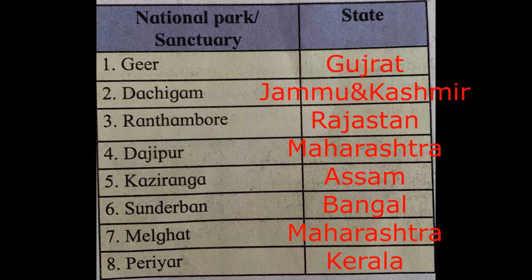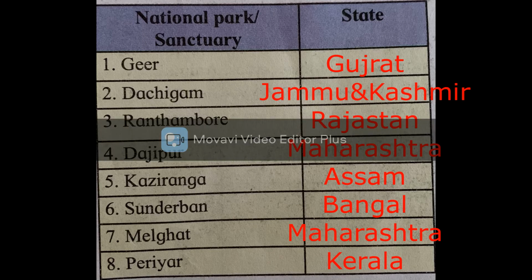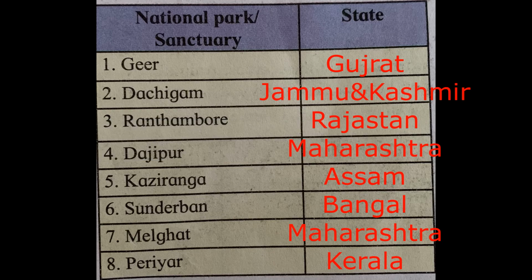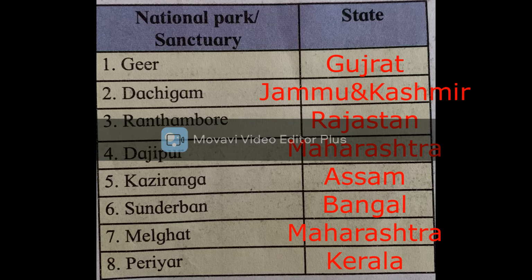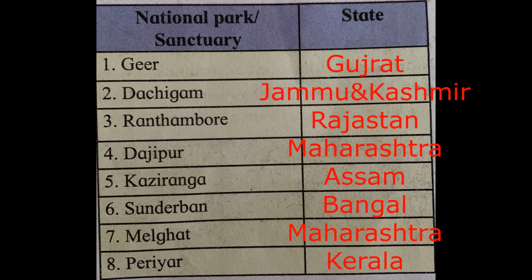There are national parks and sanctuaries in our India. See in this table, Gir. Gir is a national park in Gujarat state. Dachigam is found in Jammu and Kashmir state. Ranthambore National Park is in Rajasthan state.